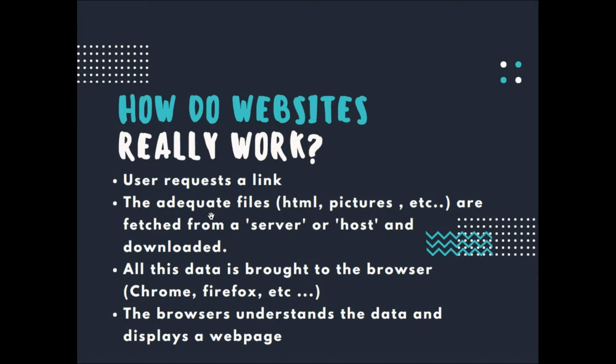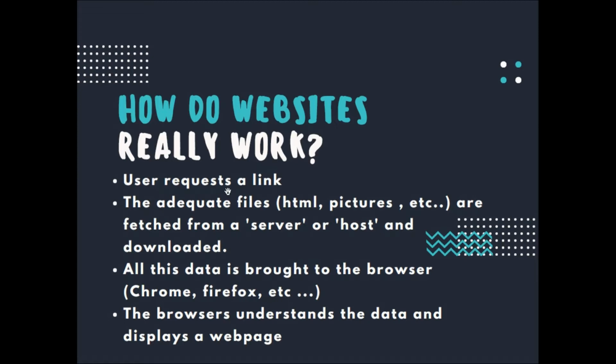The adequate files, HTML, pictures, etc. are fetched from a server or host and downloaded. The server or host will know which file to get because of the link. Well, in fact, there is some more deep explanation to this, but I will stick to this general explanation of the process.